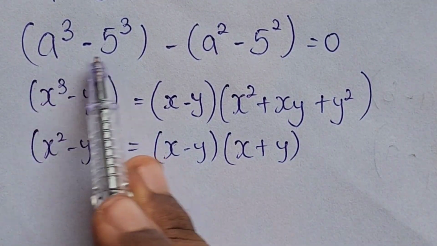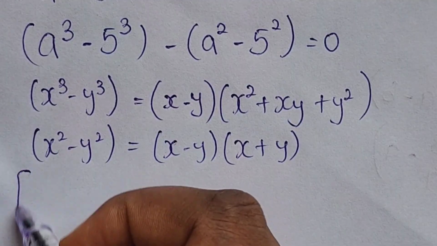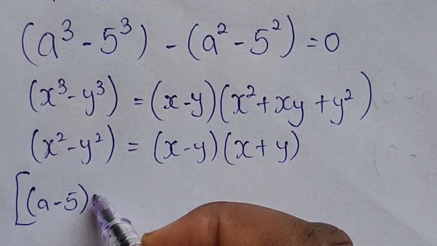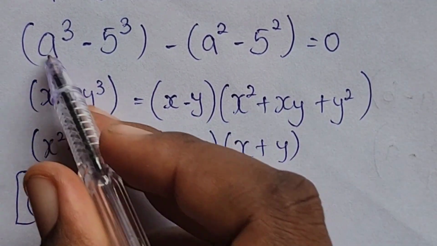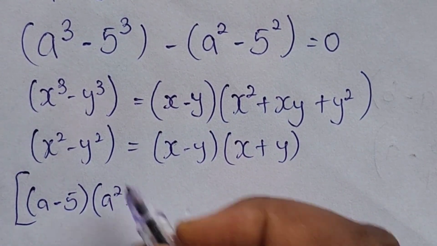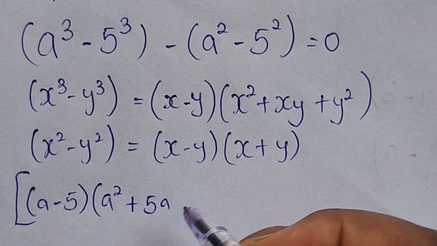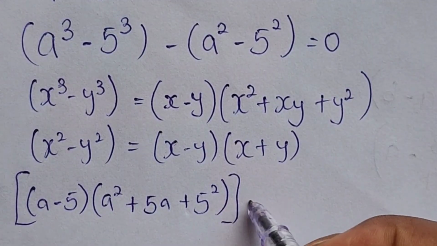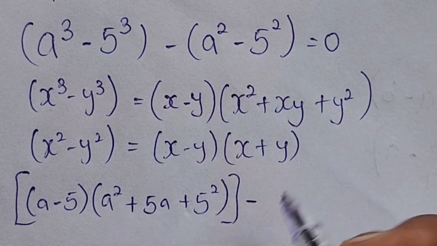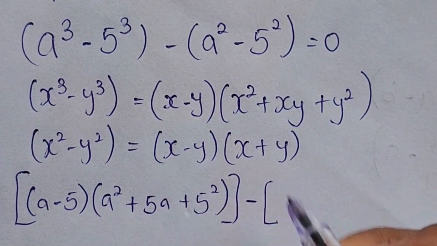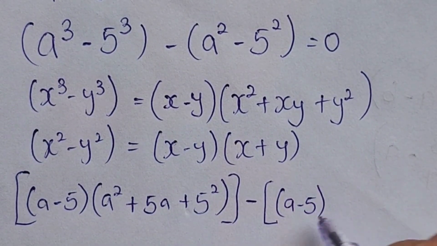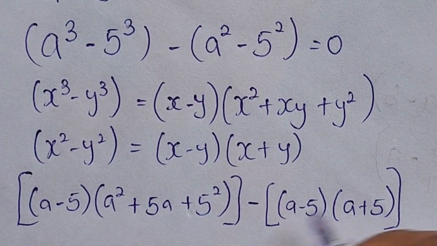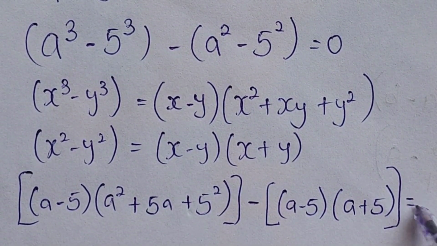So we'll be expanding this to have x minus y, which is a minus 5, times x squared, which is a squared plus 5a plus 5 squared, minus the expansion for difference of two squares, a minus 5 times a plus 5, and this is all equal to 0.